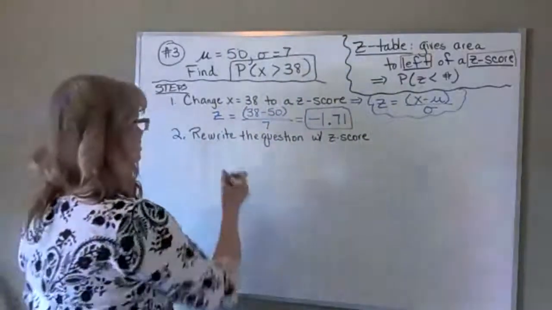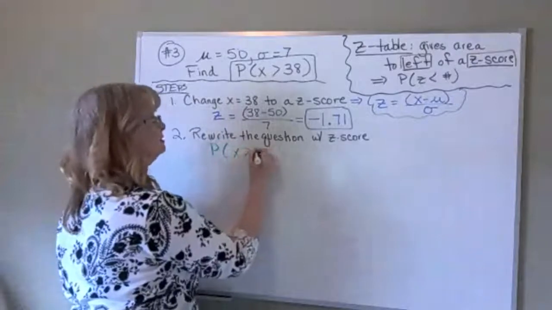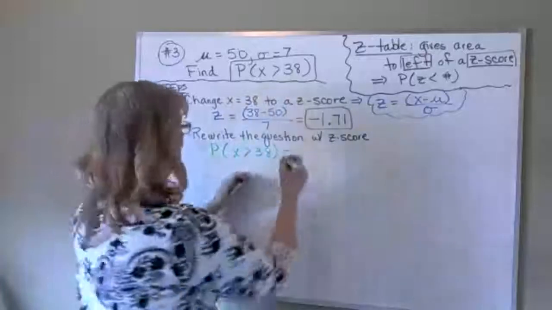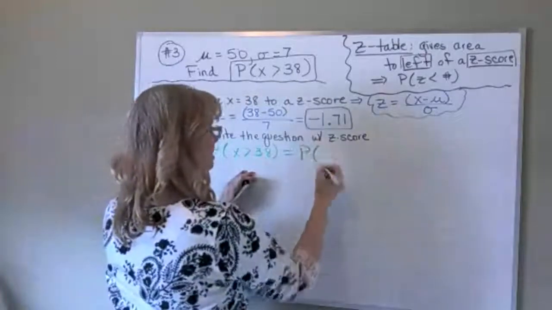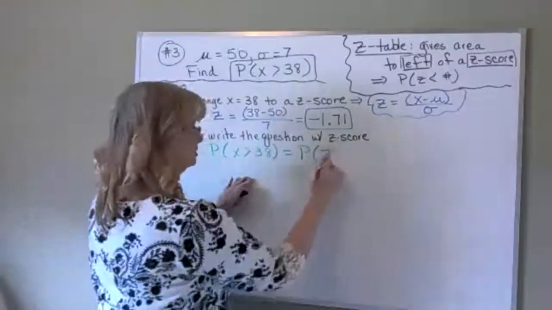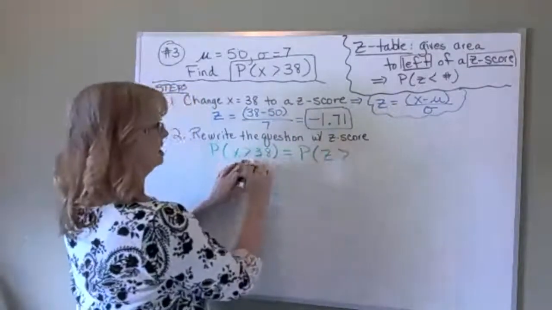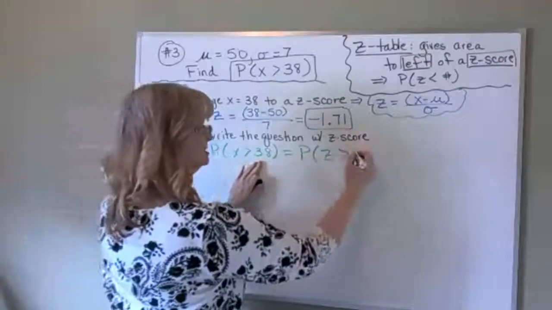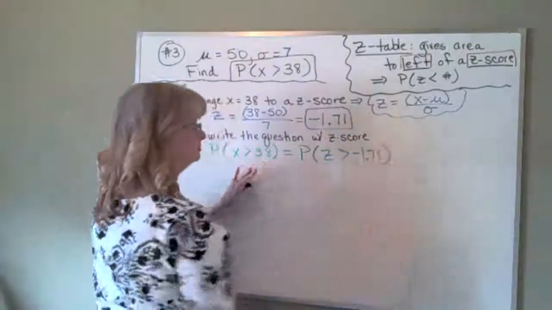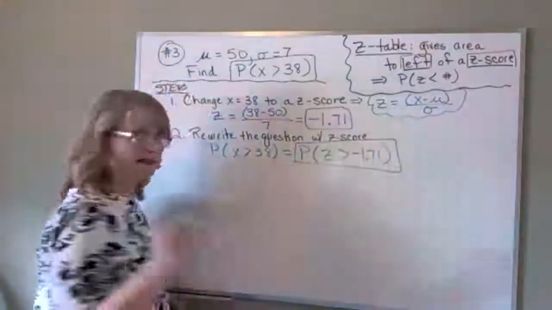The probability that x is greater than 38 is the same as: what's the probability that z, you notice I changed the x to a z, that sign is not going to change. And then here I'm going to put the z-score. And that's step 2.